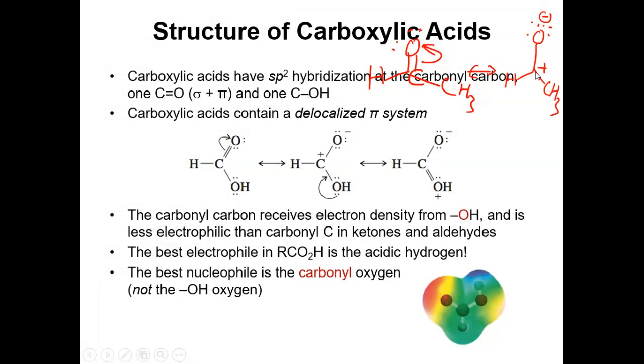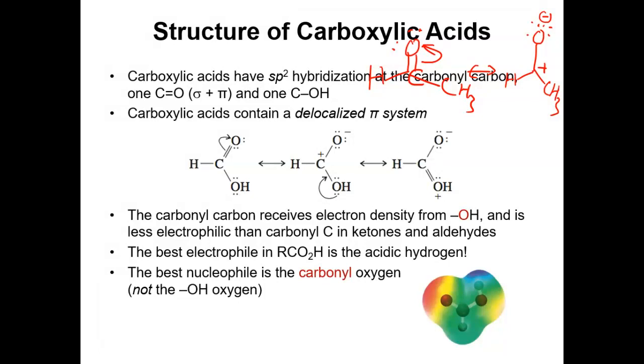We already have seen this a number of times in quite a few chapters. In chapter 13, we have seen that the OH group is a more powerful activating group than the alkyl group, right? Because the OH group can donate the lone pair.